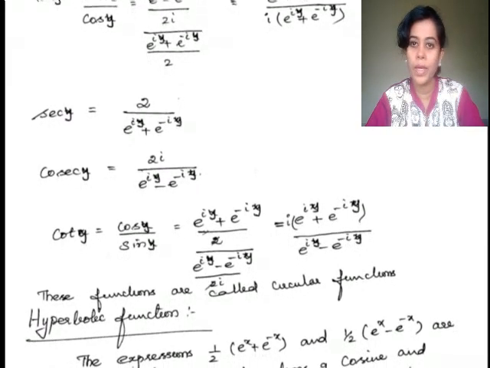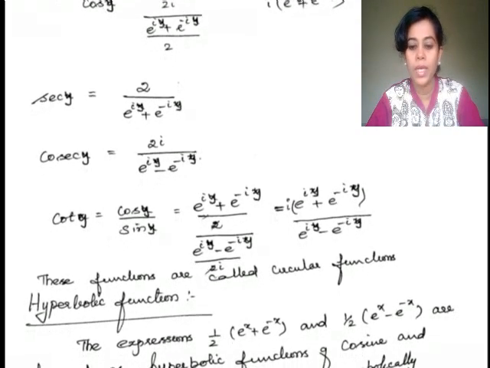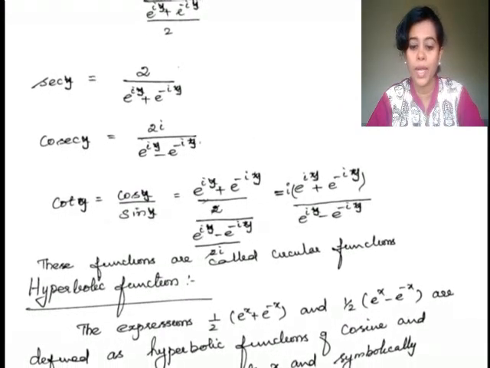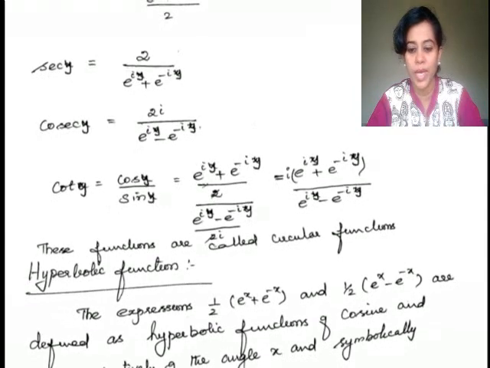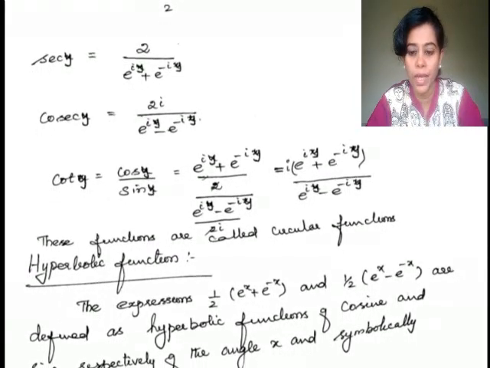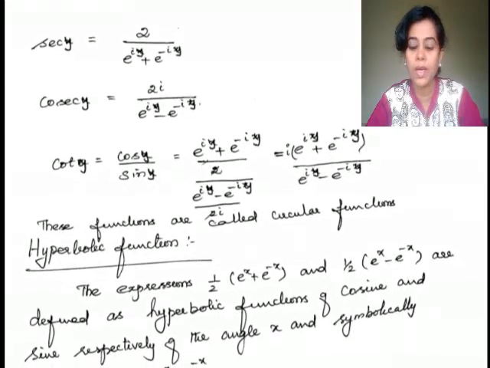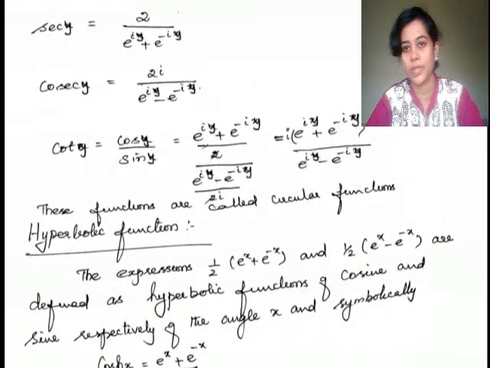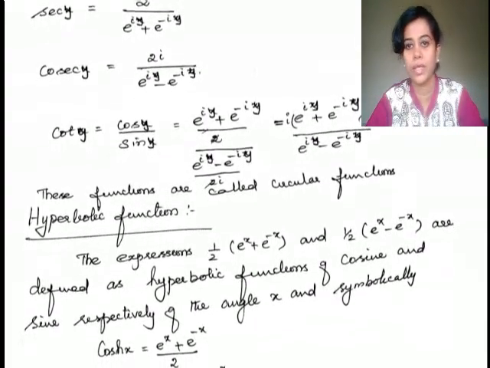And cot y will be the reciprocal of tan y, so it is [(e^(iy) + e^(-iy))/2] divided by [(e^(iy) - e^(-iy))/2i]. The 2 gets cancelled, so we get i times (e^(iy) + e^(-iy))/(e^(iy) - e^(-iy)). These ratios are called circular functions.